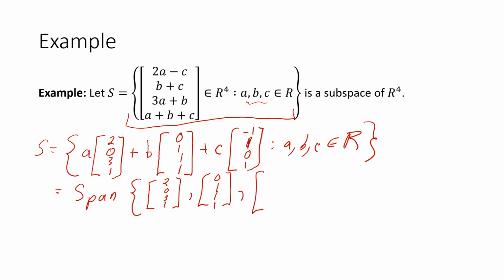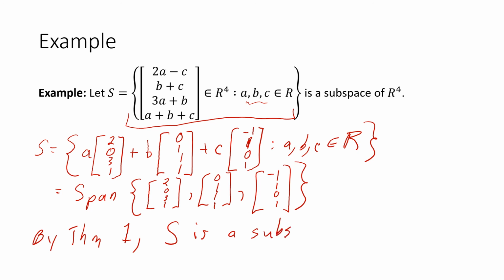And the third vector is (-1, 1, 0, 1). So it's the span of those three vectors. By theorem 1, S is now exactly equal to the span of three vectors from R4. S is a subspace of R4.